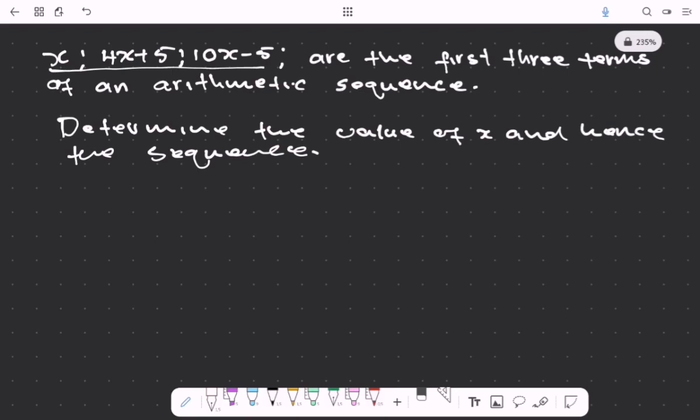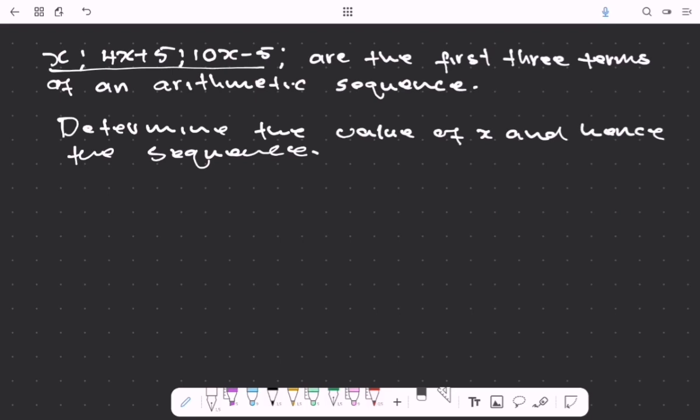If you are given a quadratic sequence, consider the properties of a quadratic sequence. If you are given an arithmetic sequence, consider the properties of an arithmetic sequence. If it's a geometric, and so on. Always consider the properties.